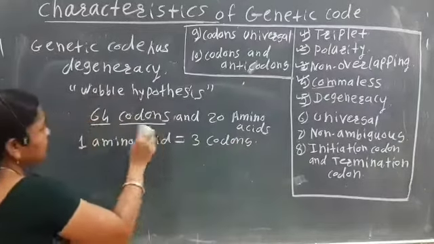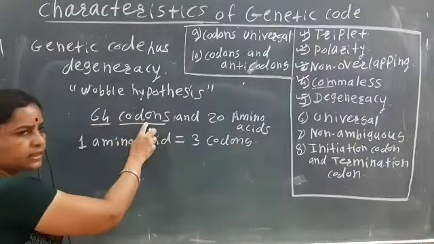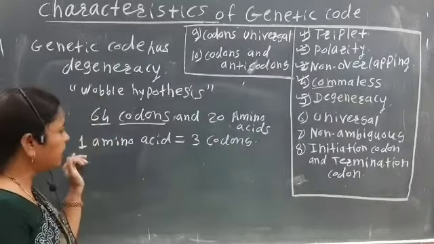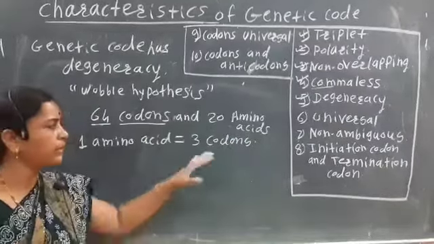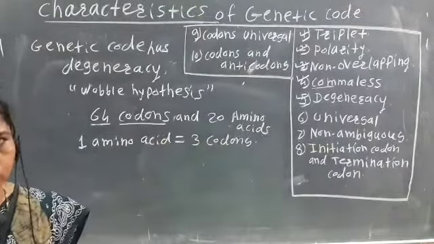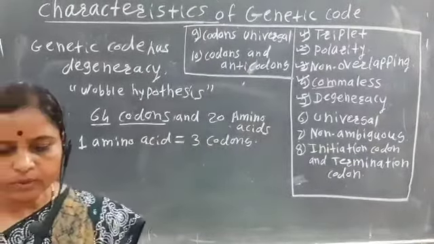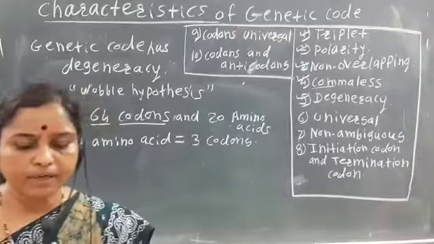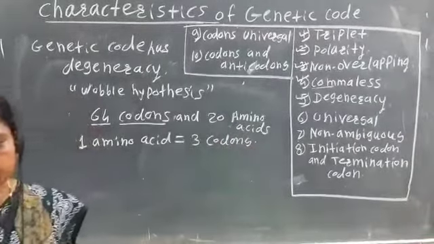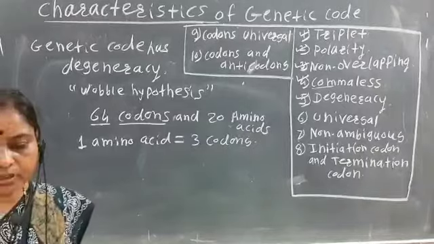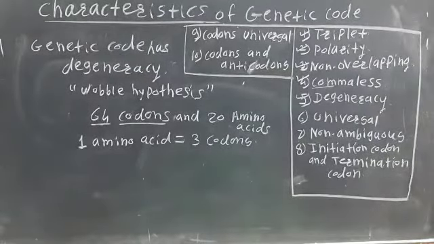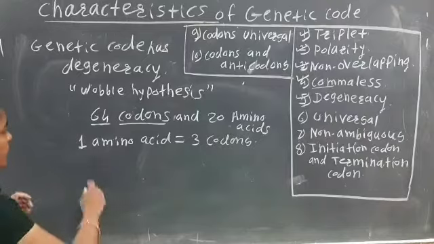म्हणजे जवळजवळ कोडॉन्स किती आहेत 64 आणि अमायनो ऍसिड्स किती आहेत 20. म्हणजे जवळजवळ एक अमायनो ऍसिड हा किती कोडॉन्स कोड करू शकतो 3 कोडॉन्स कोड करू शकतो. ओके, सो हियर फॉर वन अमायनो ऍसिड देयर आर द 3 कोडॉन्स and they are possible. So one amino acid can be coded by 3 codons during protein synthesis. लक्षात येते का बघा.